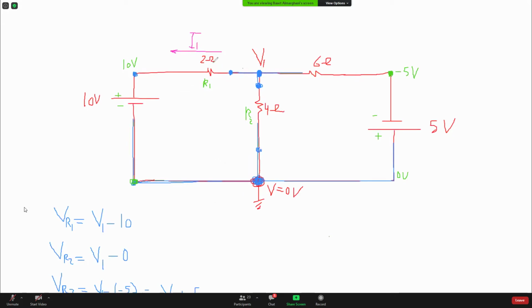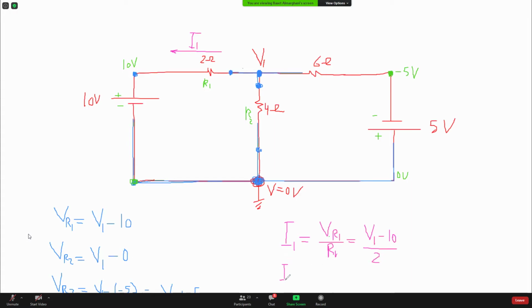Current in a resistor equals what? Ohm's law. V over R. So I1 will be the voltage across the resistor, from here minus there. So it's VR1 divided by R1, which is V1 minus 10 divided by 2.